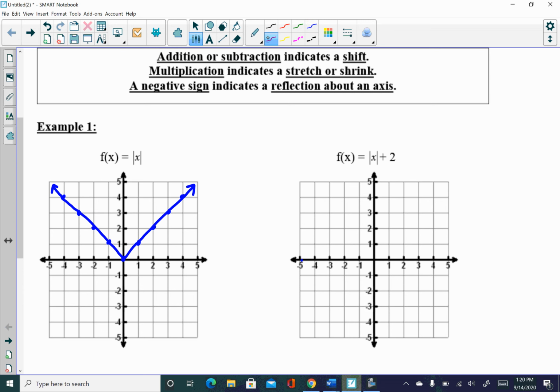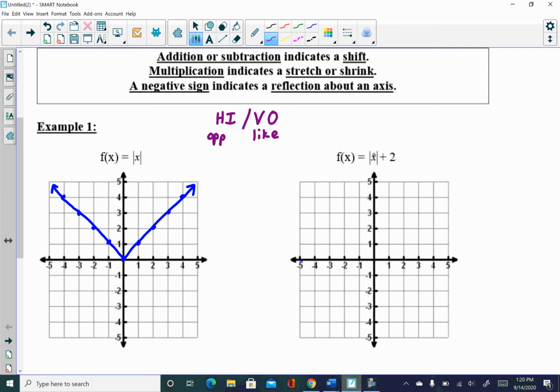Think about, as I mentioned up at the top, horizontal transformations are inside parentheses. Vertical transformations are outside. So horizontal inside, vertical outside. Remember, horizontal is opposite of what you think it's going to be. Vertical is like you would think it to be. We'll keep it like that for now, okay?